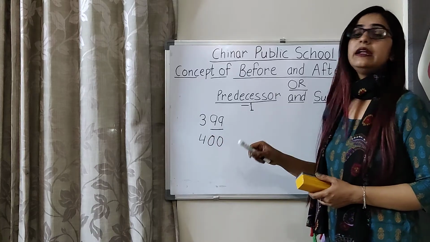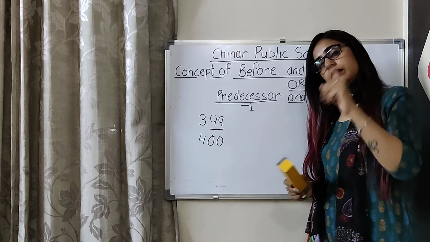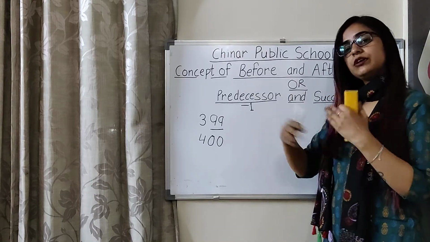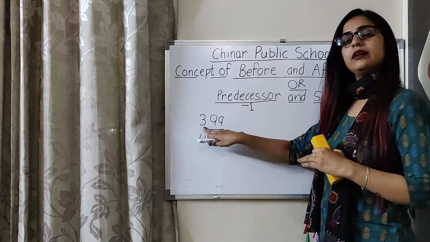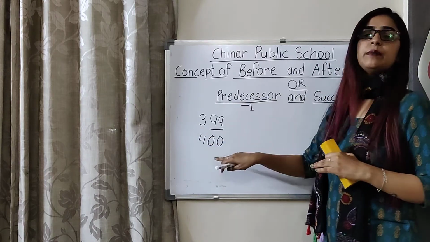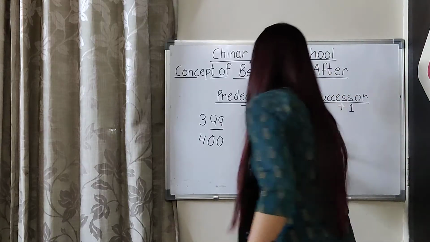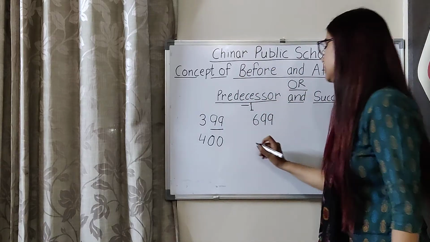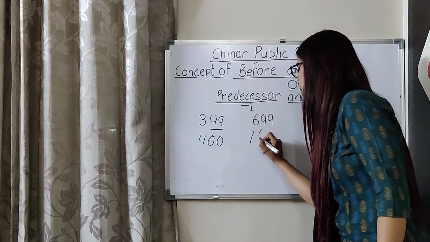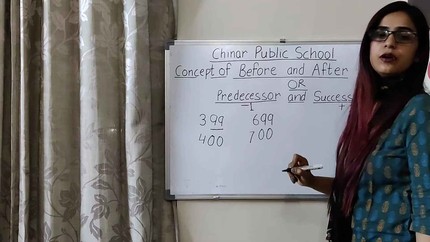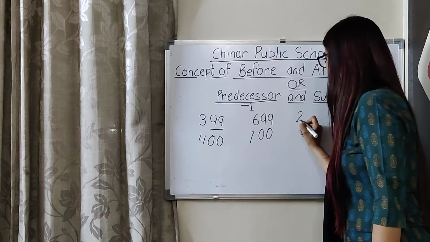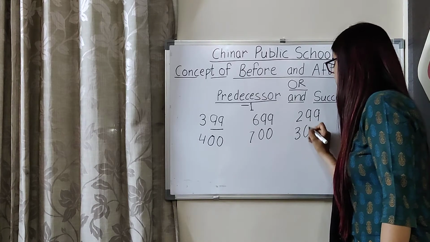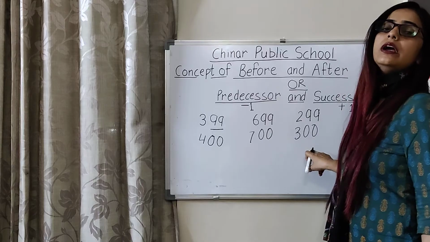Because 399, that means after 99 अगर one और step हम आगे जाएंगे, so 99 will convert into 100 और 300 we already have, so 399 के बाद में आएगा 400. In the same manner, if I ask what will be after 699, it will be 700. What will be after 299, 200 के बाद में आता है 300, so it will be 300.